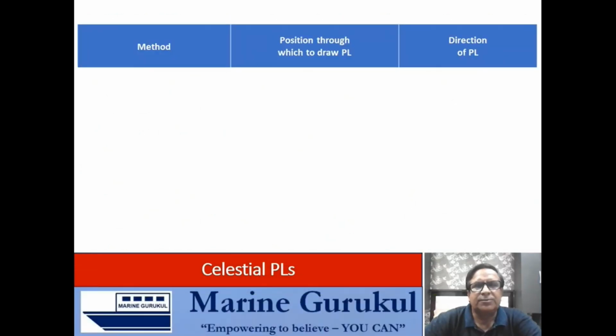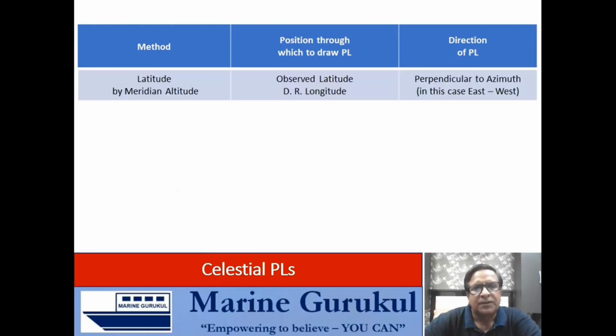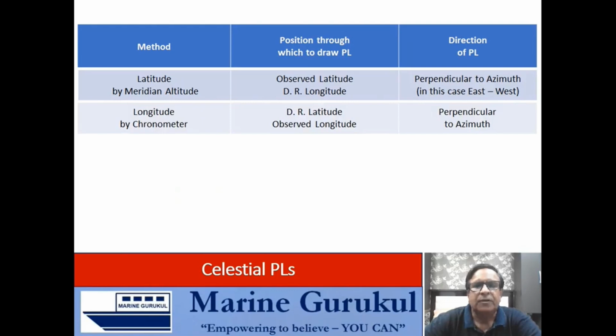Now let's look at the various methods of solving the sights, and based on each method, the position through which to draw the PL. In latitude by meridian altitude cases, the position through which to draw the PL is observed latitude and DR longitude. Direction of the PL is perpendicular to azimuth, and in this case specifically east-west. Longitude by chronometer: position through which to draw the PL is DR lat, observed long.